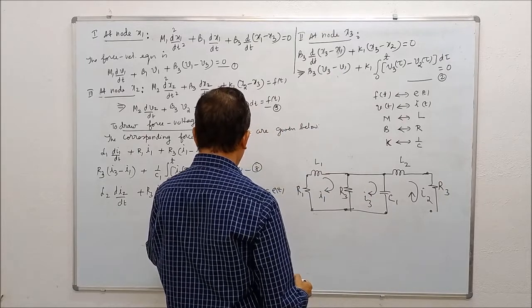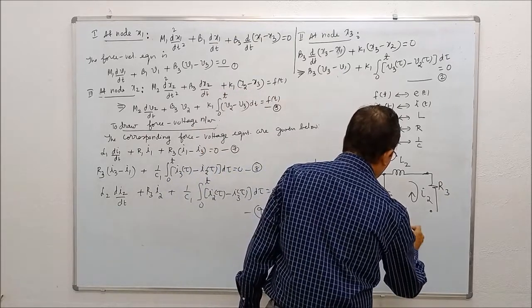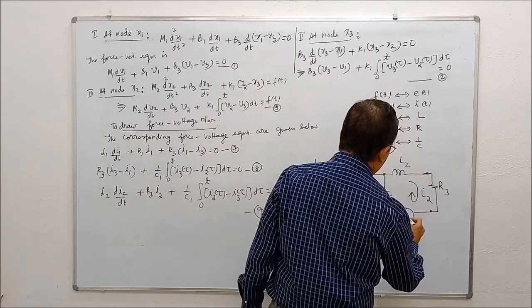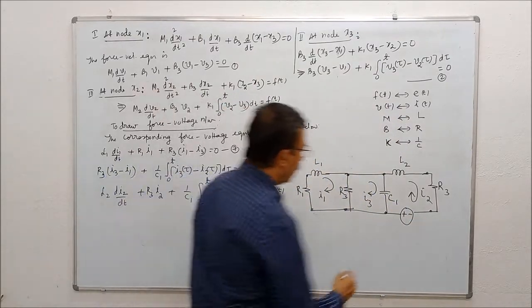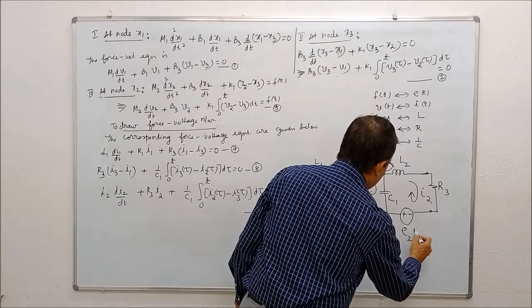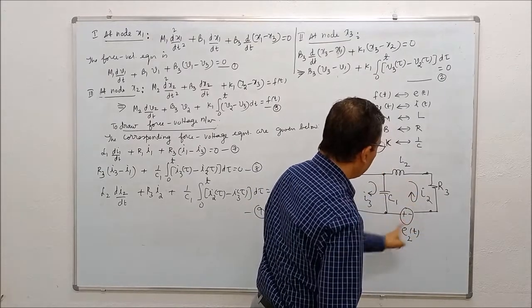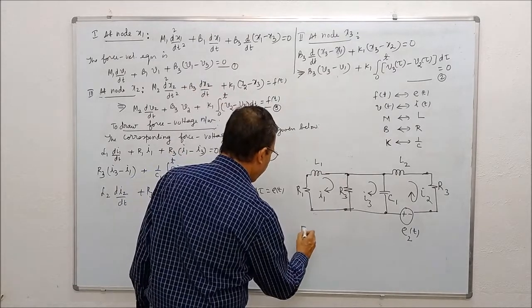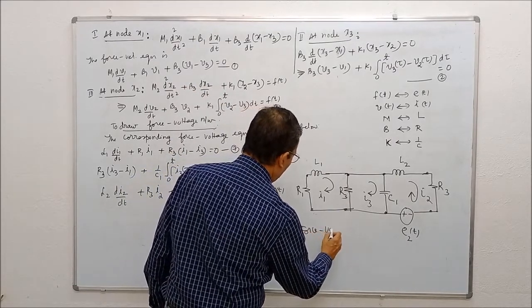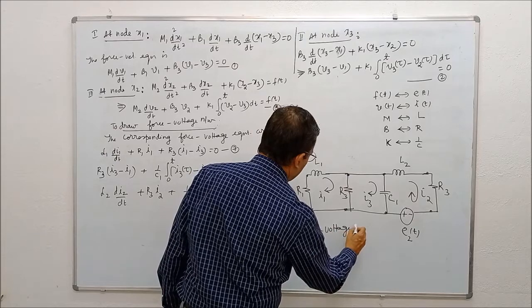C1 is already written. Insert the voltage source so that it drives the current I2. Mark the polarities of E of t in such a manner that it is driving the current I2 of t in the clockwise direction. This is force voltage network.